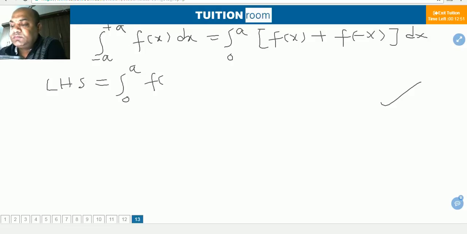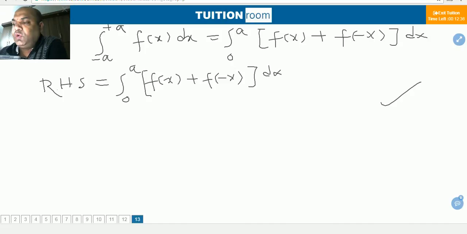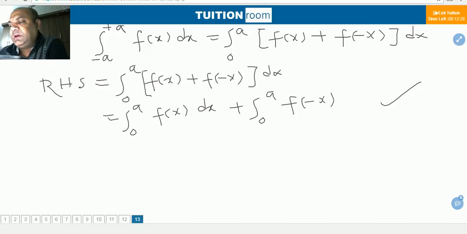I have told you, copy this, if we interchange the limit, then an additional minus sign will appear and this minus sign will be cancelled. Minus into minus will be plus. And one thing I have also told you, if limit is there, internal variables can be interchanged, whether we write f(t) dt or f(x) dx.